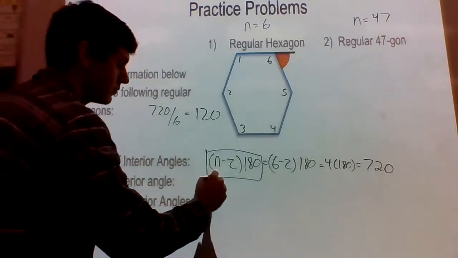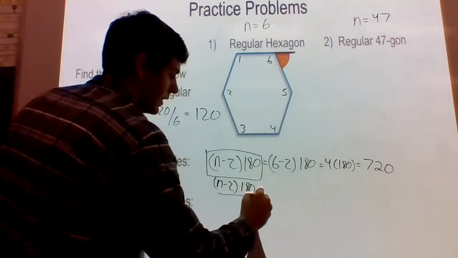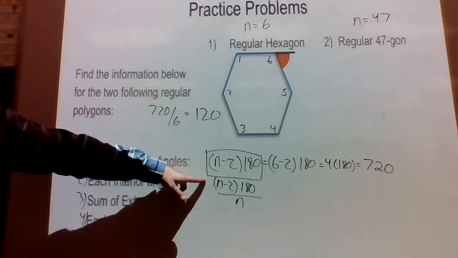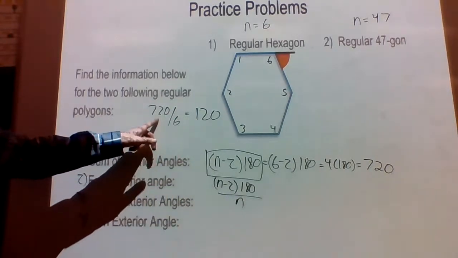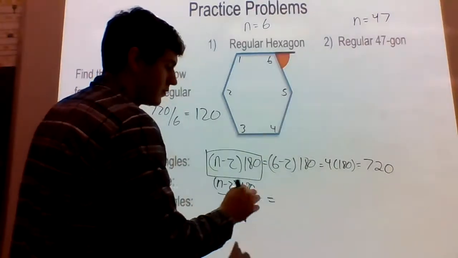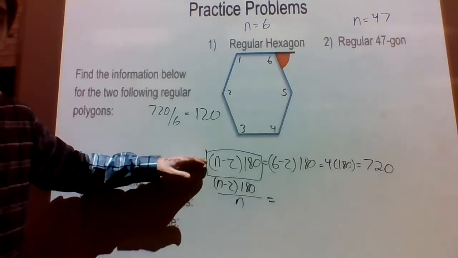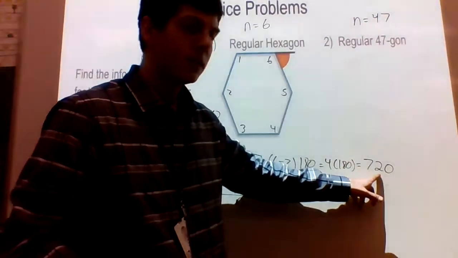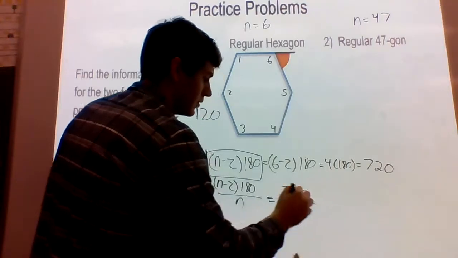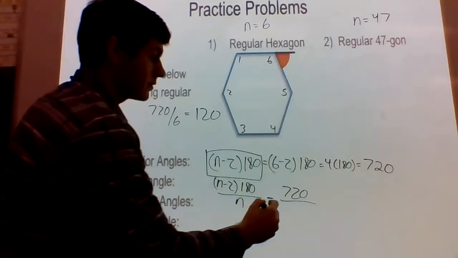We could also look at the formula if we wanted. The formula states n minus 2 times 180 divided by n, which basically means the sum of the angles, 720, divided by the number of angles that there are. We found that n minus 2 times 180 was 720, so this whole thing is equal to 720. N is 6.